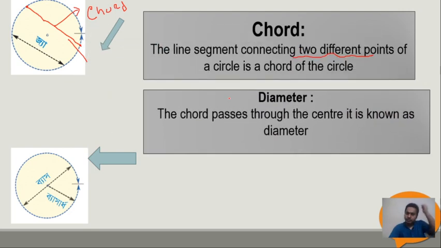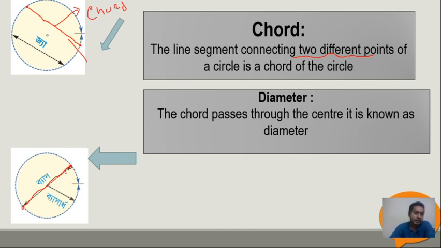And then diameter. This is called a diameter of a circle. If a chord passes through the center, it is known as a diameter.